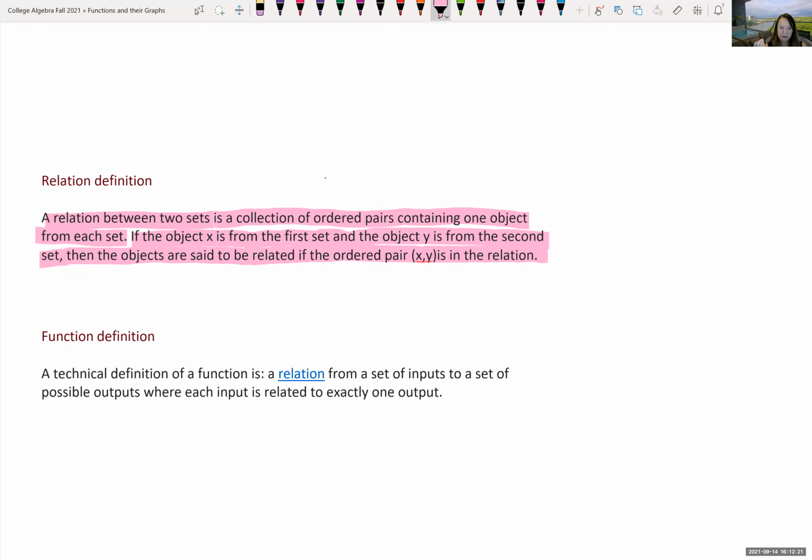Okay, so what does it mean for a relation to be a function? In order to be a function, a relation is a set of inputs. So for every X value that we put in to a set of possible outputs, your Y values, each input is related to exactly one output.